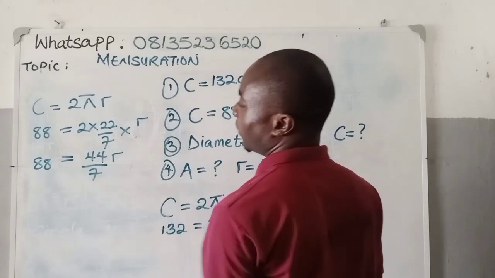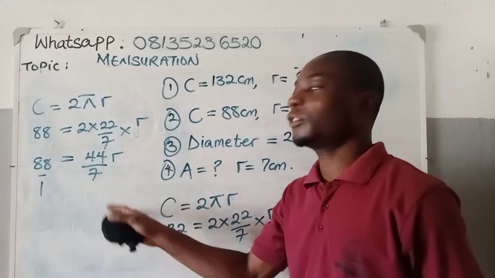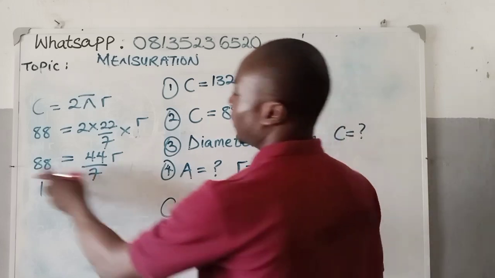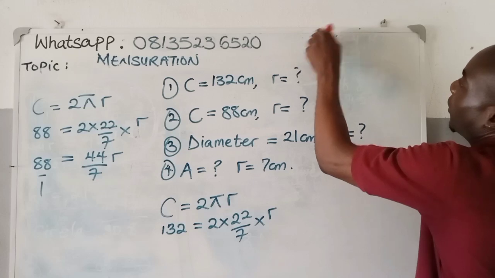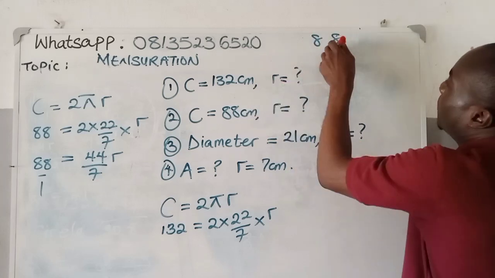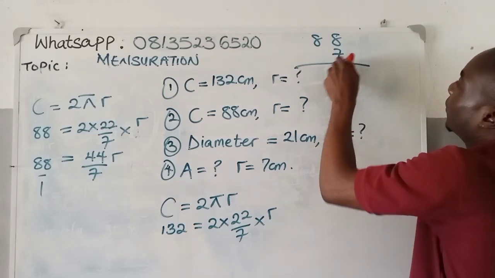We have 44r over 7. So we'll cross multiply. Since we have a fraction here and a fraction here, cross multiply. 7 times 88. We'd press our calculator, but since there's no calculator here right now, let's do it manually. All right, 7 times 8 is 56.